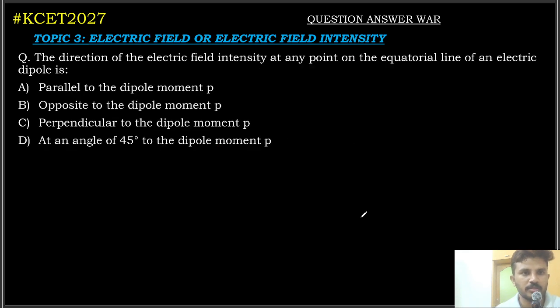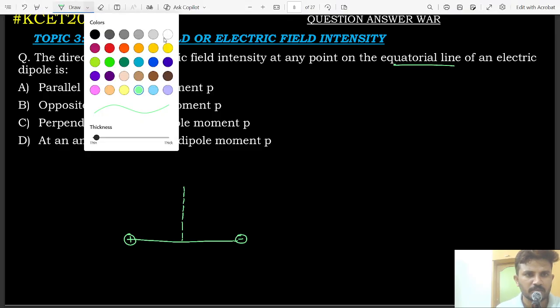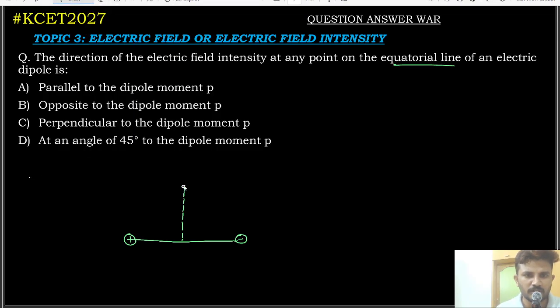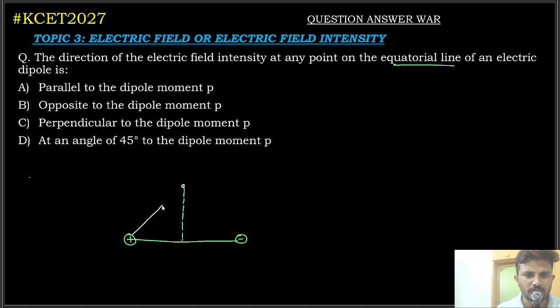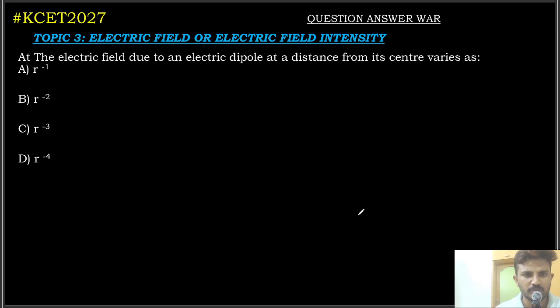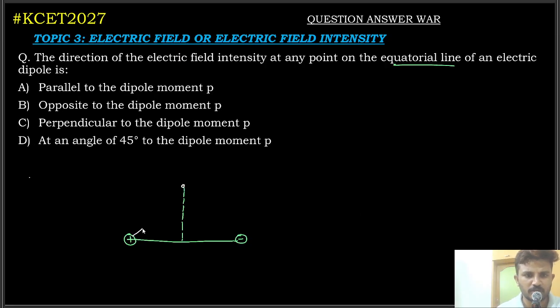Next, moving on to the direction of electric field intensity at any point on the equatorial line of an electric dipole is. So if you consider the electric field due to a dipole along the equatorial, how does it look? If you consider this is the equatorial, electric field along the equatorial, I need to draw a line here.